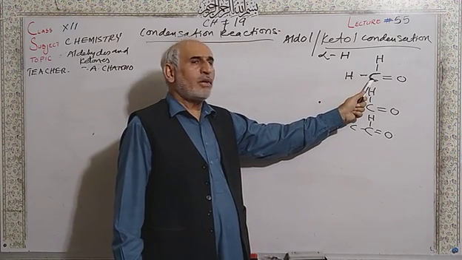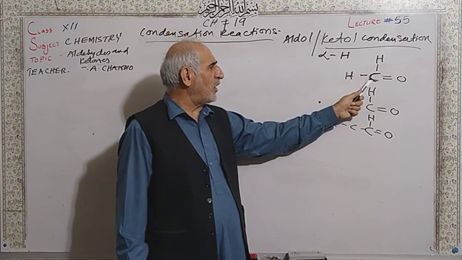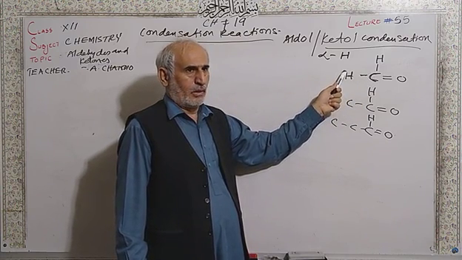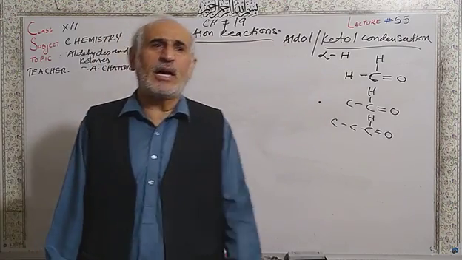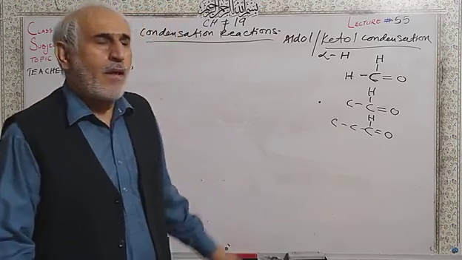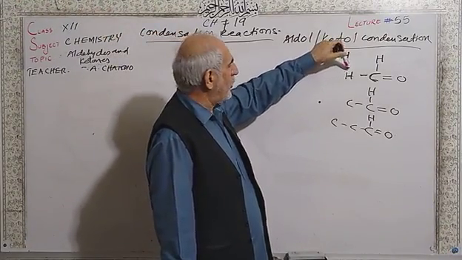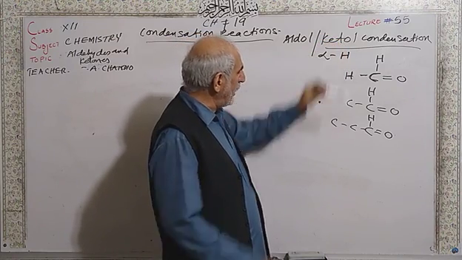This is the carbonyl functional group. After the carbonyl carbon, there must be another carbon, and that carbon must have hydrogen attached. So if there is no carbon, it means there is no alpha hydrogen. This is not alpha hydrogen. There must be a carbon here, like this.